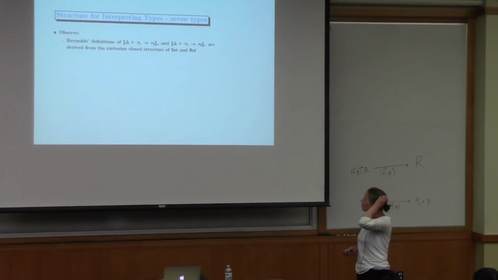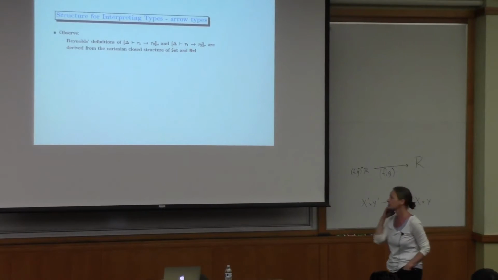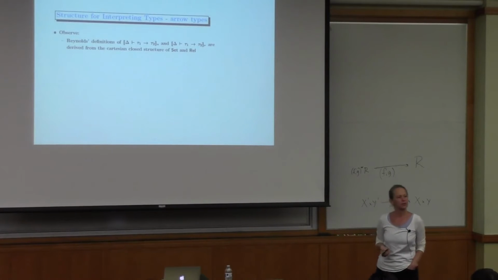If you go back and look at Reynolds' definitions of object interpretations and relation interpretations for arrow types, the reason his interpretations work is because Set is a CCC. You remember that from Ed's lectures, right? That means you've got products and you've got exponentials.